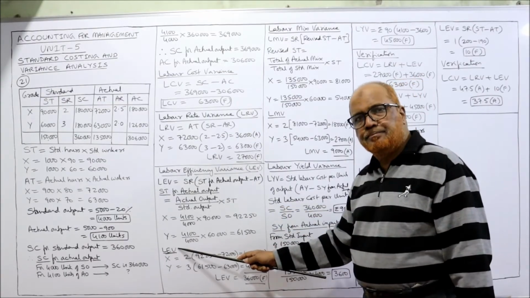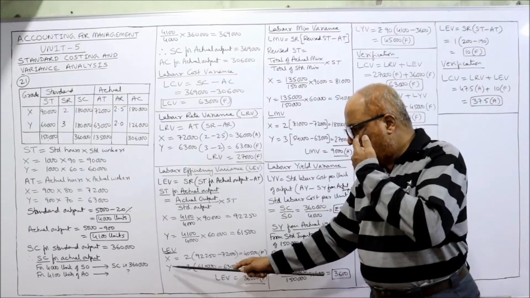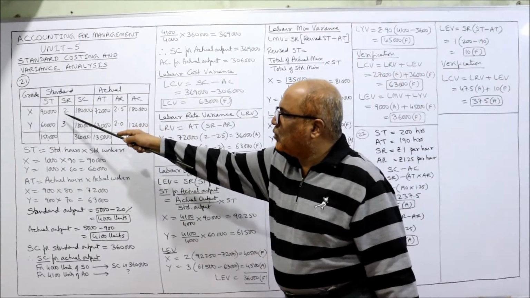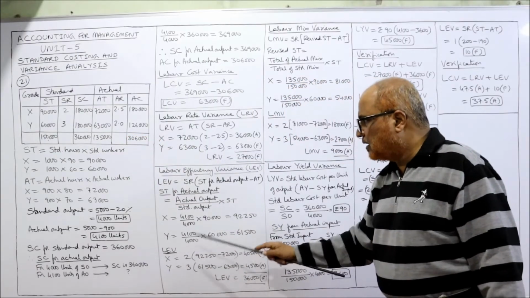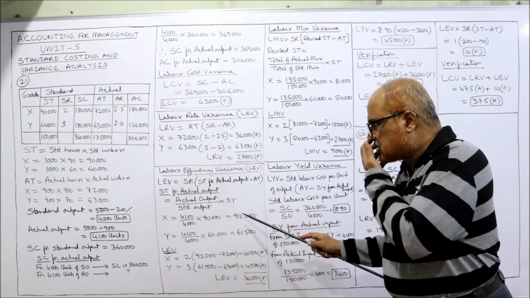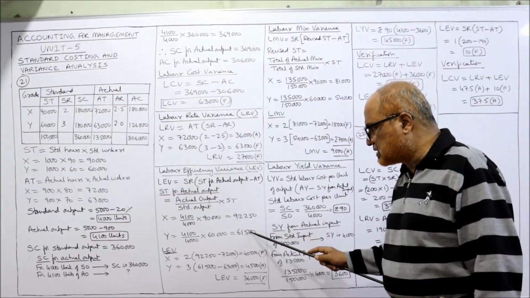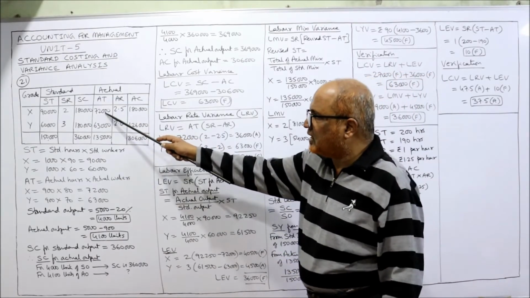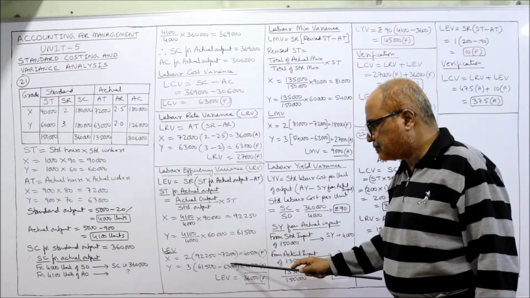Now LEV, labor efficiency variance, X and Y. First we need the standard rate. What is the standard rate? 2 and 3. Then standard time for actual output, just now we have calculated, 92,250 and 61,500, minus actual time. Actual time is 72,000 and 63,000.